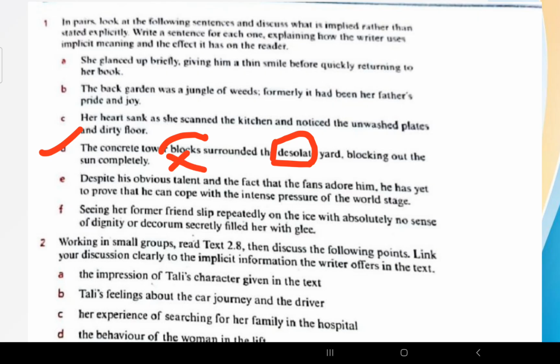Most of the time it's dark there. This is not that interesting, but okay. So most of the time it is in the dark. Next one is number 5. Despite his obvious talent and the fact that the fans adore him, he has yet to prove that he can cope, the word cope, with the intense pressure of the world stage.